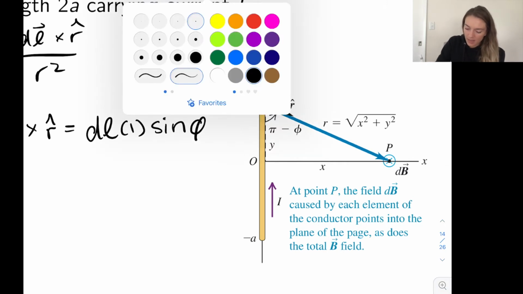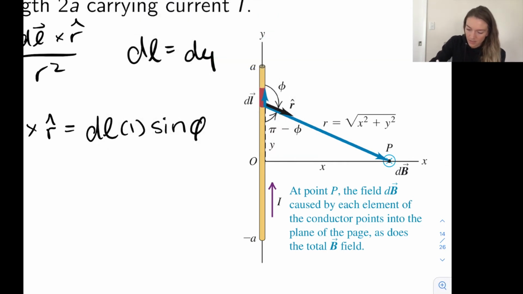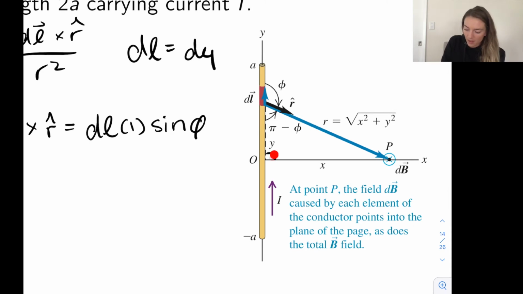Since we know that this is a straight line, these two angles have to add up to 180 degrees, which is pi. So phi plus what is equal to pi? Well, it's phi plus pi minus phi. So I'll write this as x.